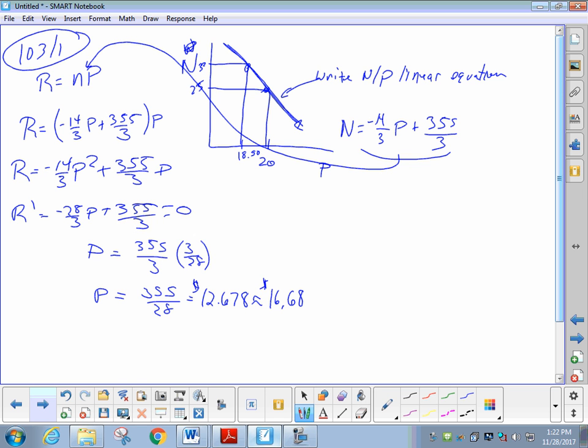Now the problem is, they ask, what should the price be and how many trees? That is not a whole number of trees. Oops, sorry. I rounded badly. That's really some crazy rounding. Okay, this is not okay because it's a partial number of trees.